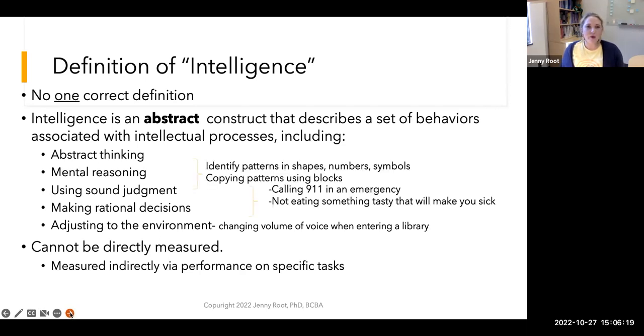So, for example, we may be able to, by these assessments, determine what somebody's abstract thinking is, but it's based on, are they able to identify patterns and shapes and copy those patterns using blocks, right? That's the assessment task that we're trying to then generalize into their general performance.